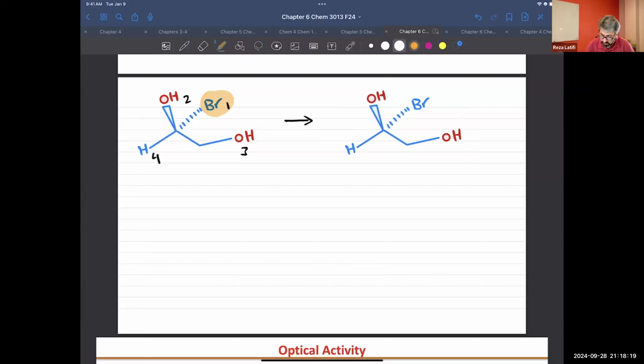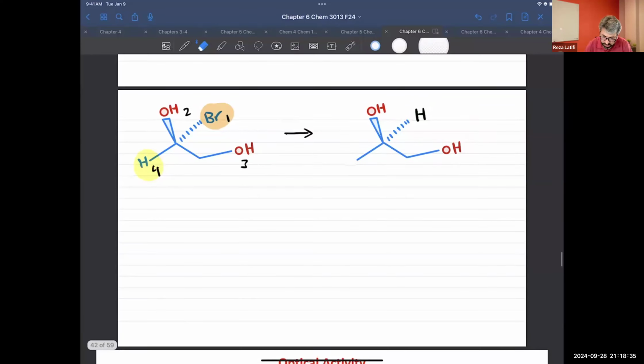So bromine is in the back of the molecule, and hydrogen is in front, on the plane. We're going to switch the position of those two. That means hydrogen will go back. So you write hydrogen here, and the bromine you bring to the front of the molecule, so bromine is here.